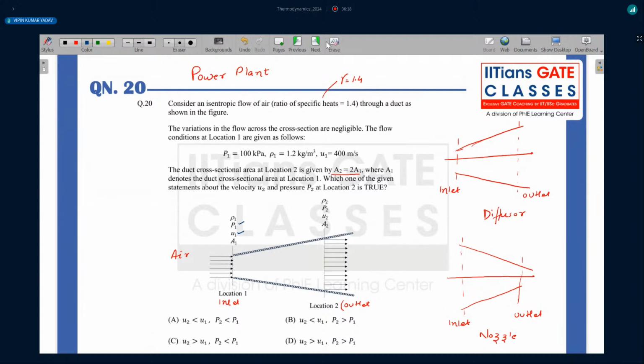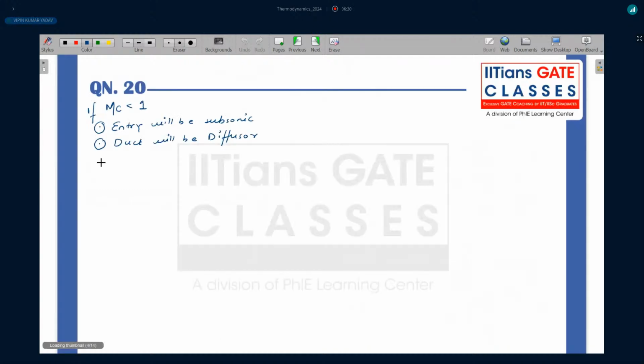Velocity, of course, is going to decrease, that is U2 will be less than U1. Velocity is decreasing, and pressure P2 will increase. P2 is greater than P1. This is when the Mach number is less than 1.